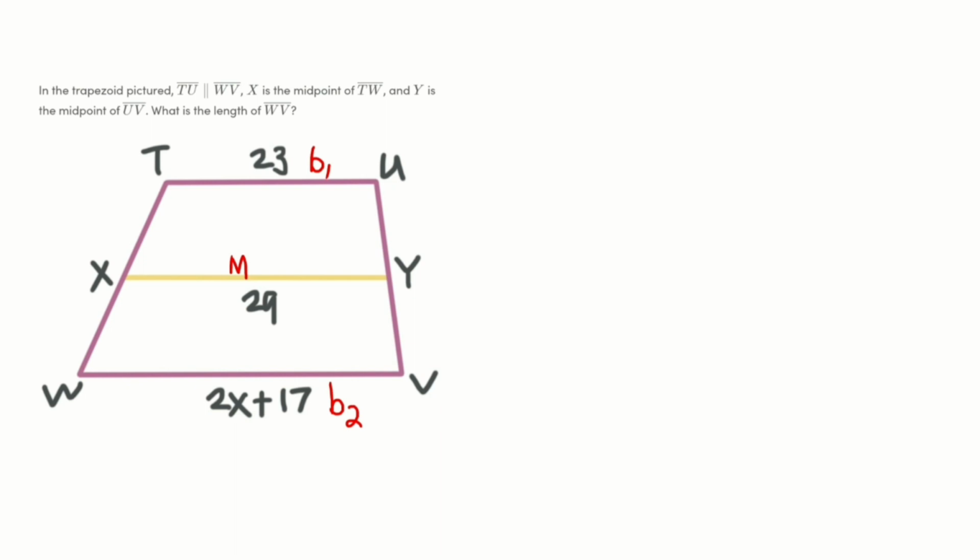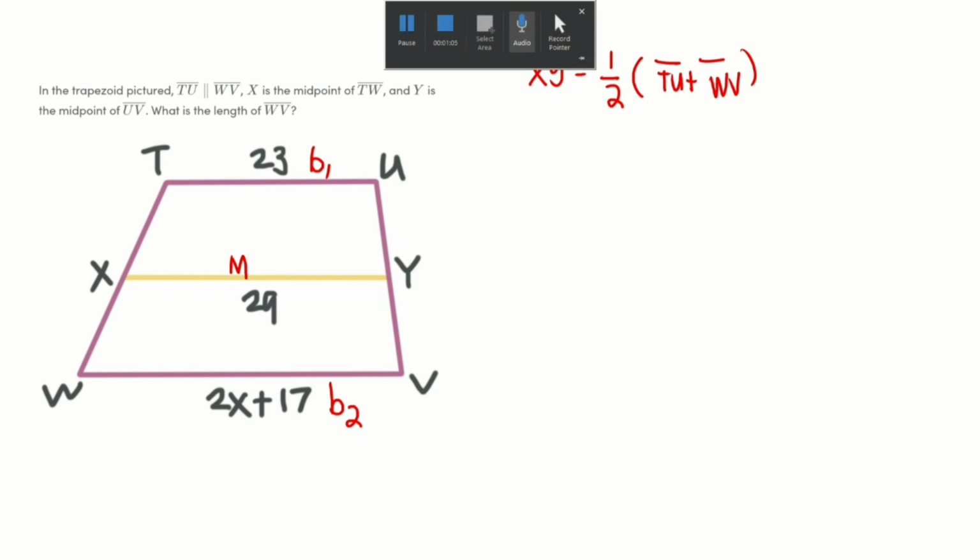So to solve for the length of WB, we are going to formulate the equation. Since our mid-segment is segment XY, we have segment XY is equal to 1/2 the sum of the two bases, which is segment TU plus segment WB. Next, we're going to substitute.